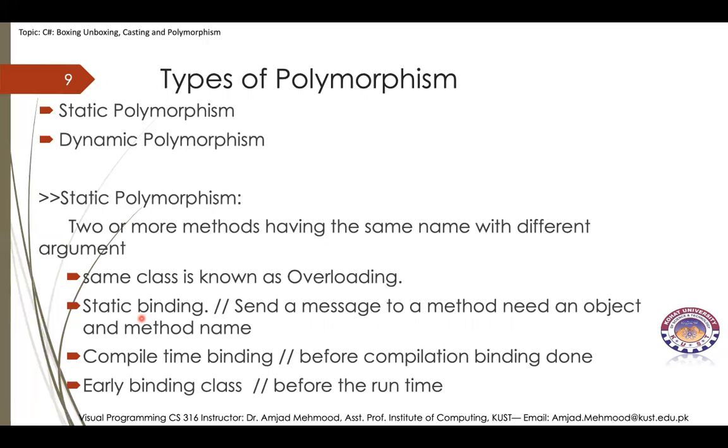That's why it is called static binding, and also compile time binding, because when the compiler does the binding, everything is fixed: which object will call which method. This is defined before the compilation is done. So this is also called early binding, because it is done before the runtime.